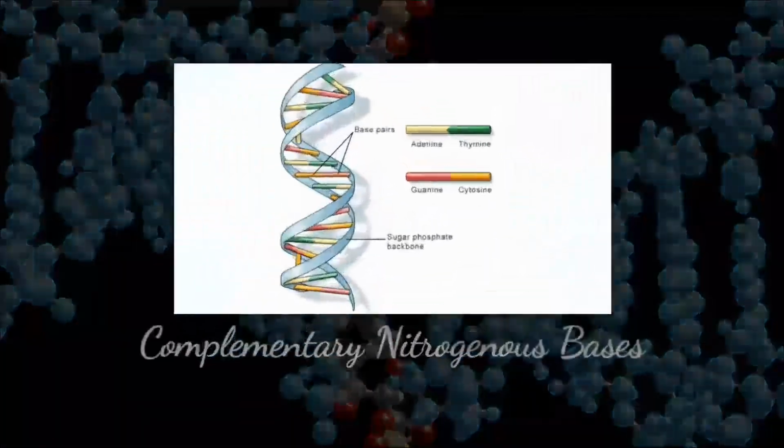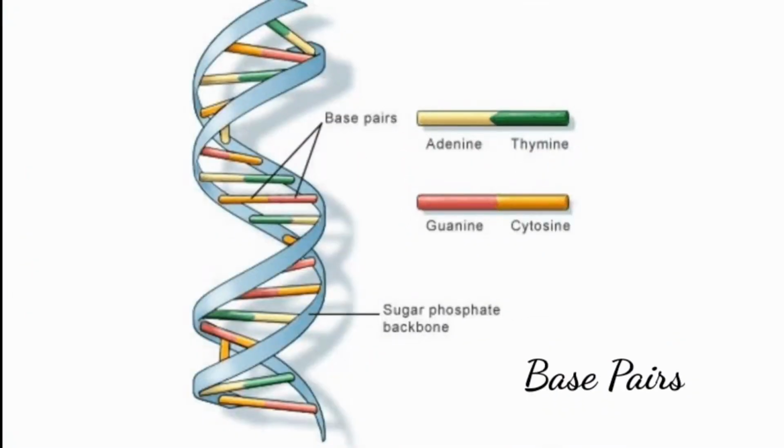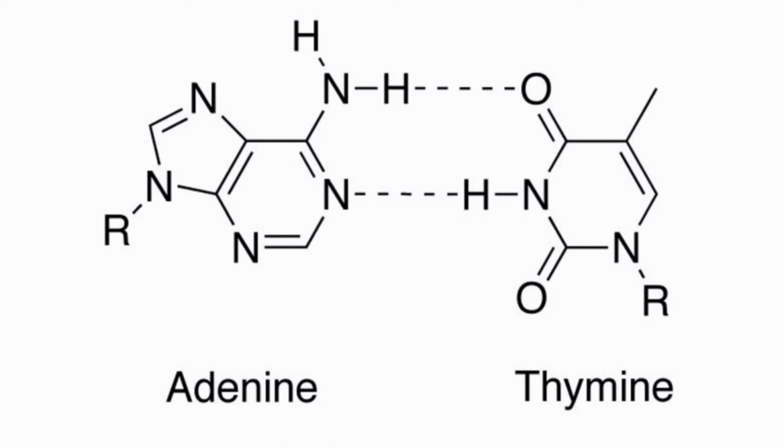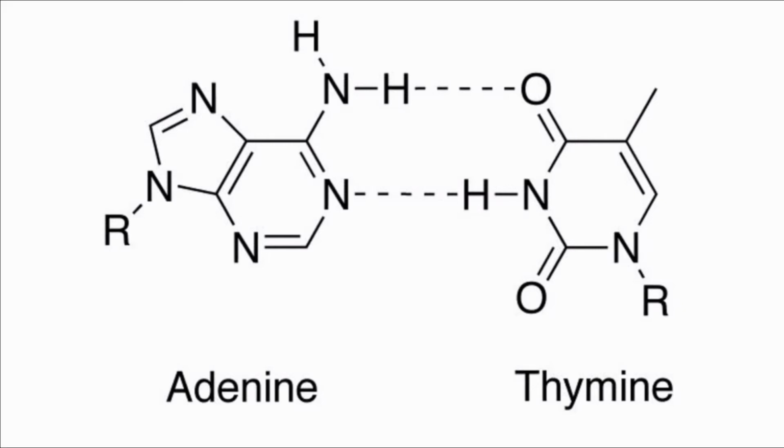In the middle of all of this are the nitrogenous bases that form significant parts of the rungs of the ladder. So the way that DNA stores information is that every one of these nitrogenous bases, which under these circumstances is adenine, has a complementary nitrogenous base on the other end of it to meet in the middle and bond to connect the two halves of the rung, which completes each rung of the ladder.